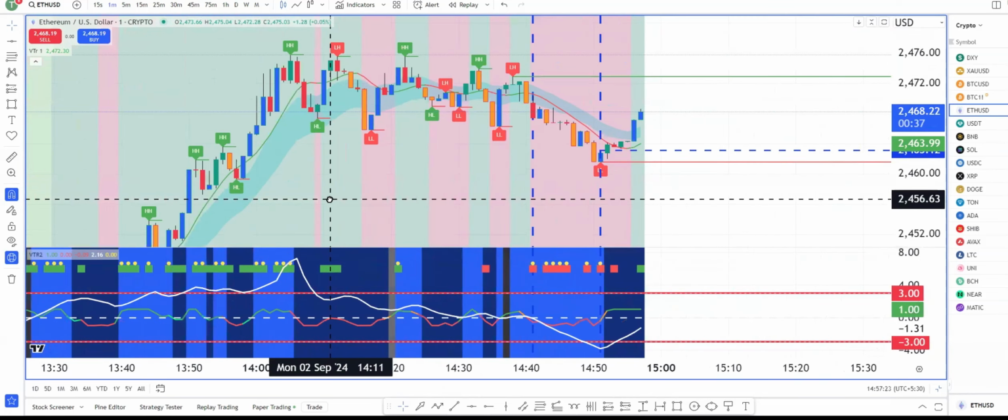Yellow dot, swing break. Yellow dot, swing break. It should be so clear in your mind. That is when you are entering your trades. And exit: M1 +3 or -3.